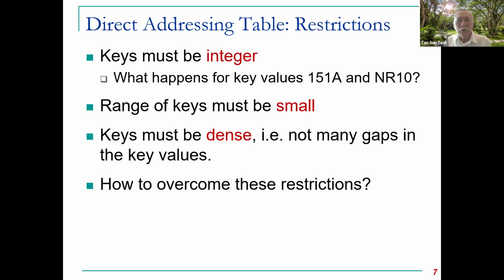Okay, but there are some problems, right? Obviously, once you look at it, you know, right? Key must be an integer. Because we are using the key to be the index to go to the table, this key must be an integer between 0 and 999 in our bus example. Right. So what happens if some bus services are indicated with an A because they don't run the whole route.